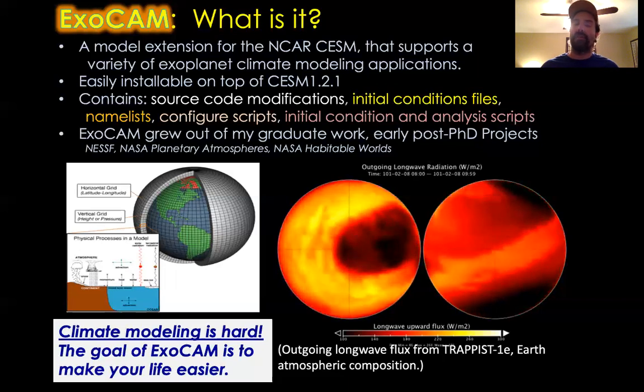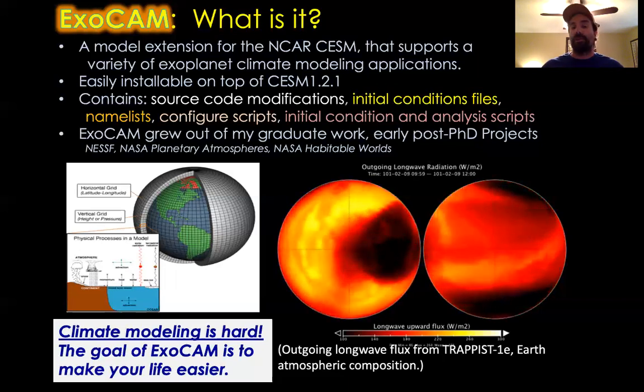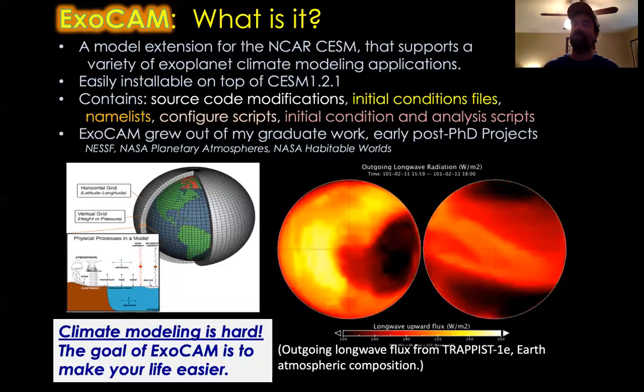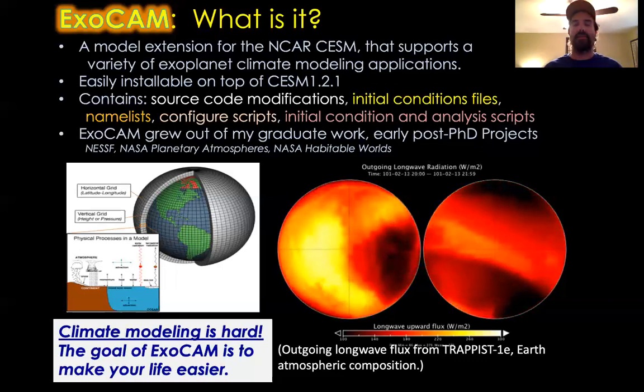I also provide with ExoCAM a variety of initial conditions and data analysis scripts, so you can do simple things to get yourself started, such as determining when energy balance is reached, and so on and so forth.